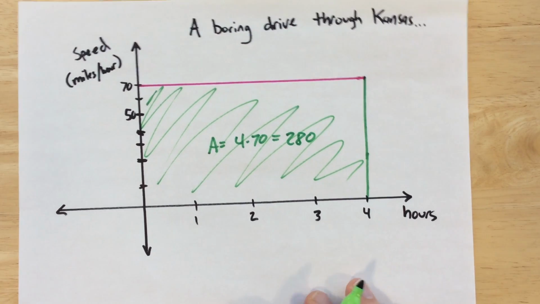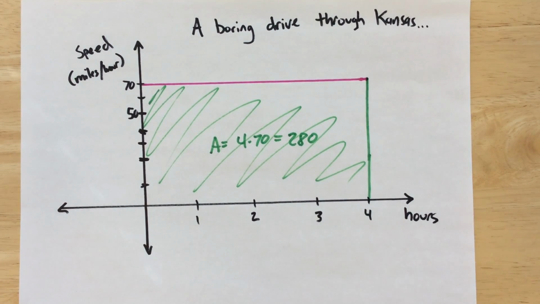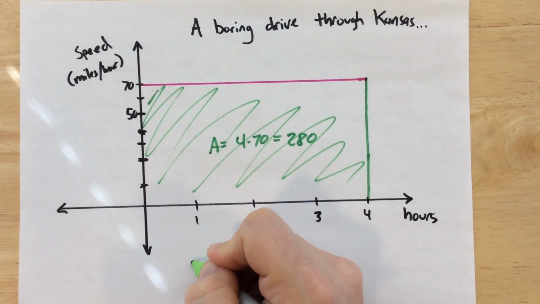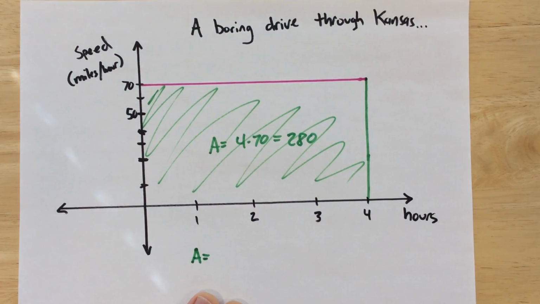Now, is it just a coincidence that 280 is the area, but also the answer to that observation, that he's gone 280 miles? Let's take a slightly closer look at this calculation down below.